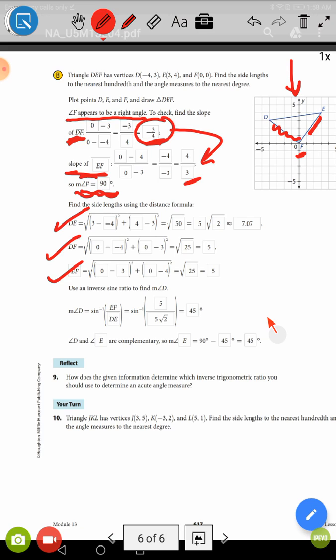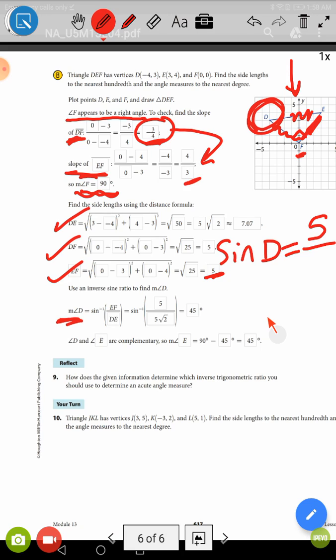From here we can use sine or cosine or tan. So we'll use sine D to find the measure of angle D. Since angle F is 90 degrees, sine D equals opposite EF, which is written here as 5, over the hypotenuse DE, which is 5 root 2.